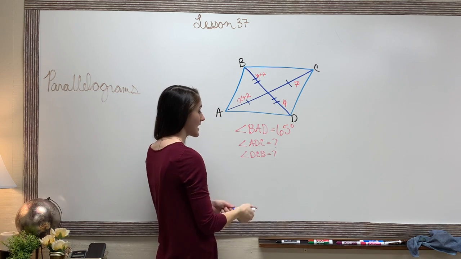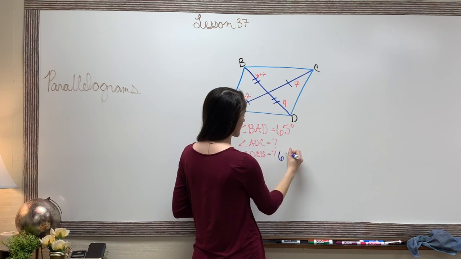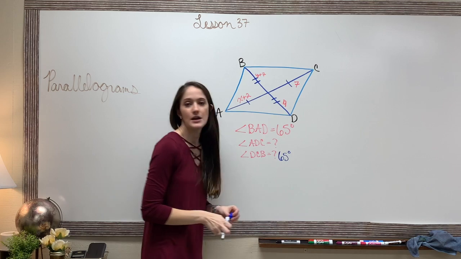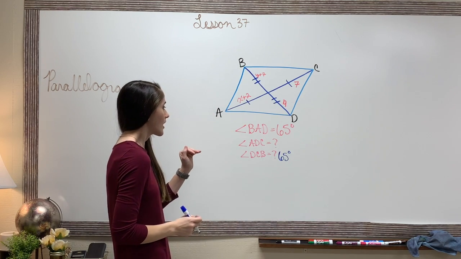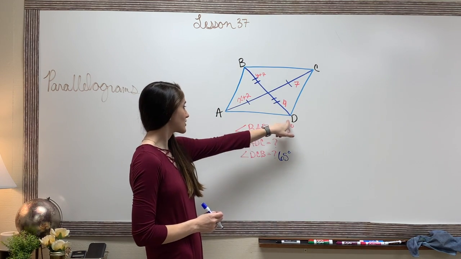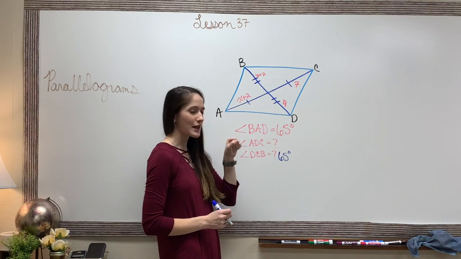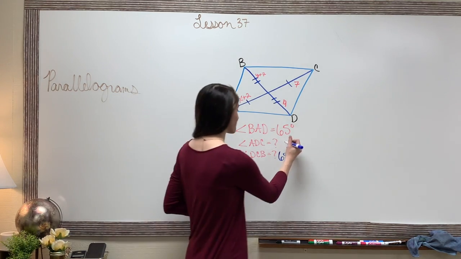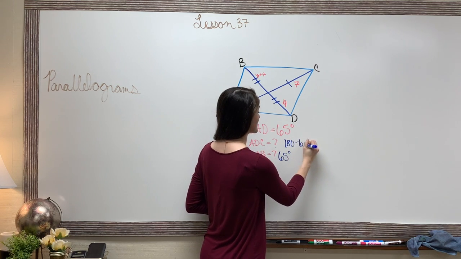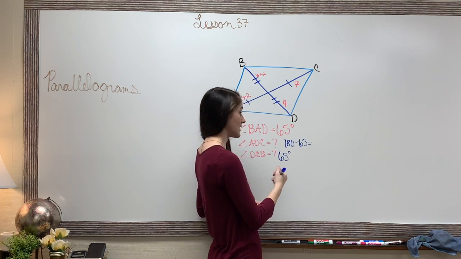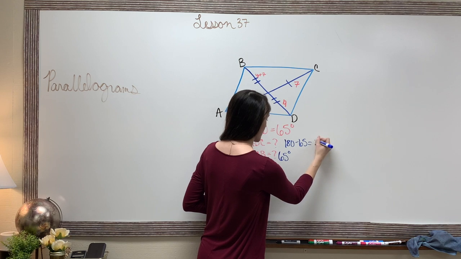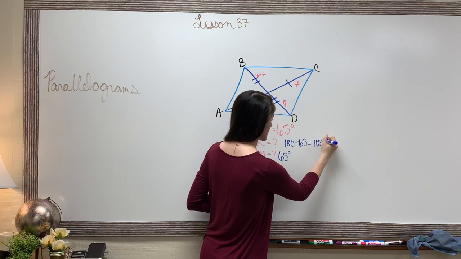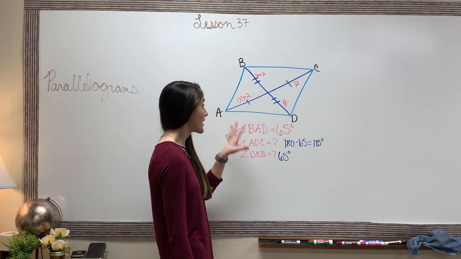So I know that they're going to have the same measure, so I can go ahead and write that down as 65 degrees and make that super simple. And knowing that D is on the same side as angle A, it's going to be that supplementary. So 180 minus 65 is going to be angle ADC, which would be 115 degrees. So the angle part is done.